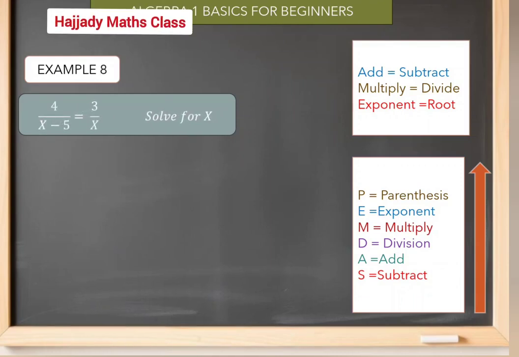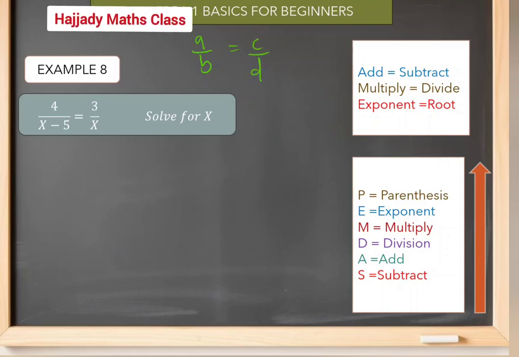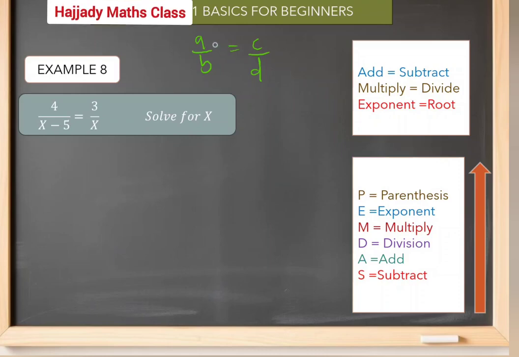And the last example, example 8. Here we have two fractions separated by an equals sign. When you have a fraction, a over b equals c over d, the rule is that if two fractions are separated by an equal sign, you cross multiply. And that is going to be the same rule we're going to use.